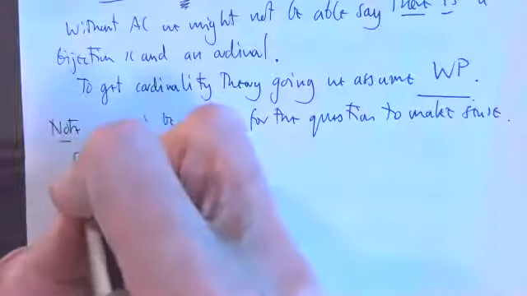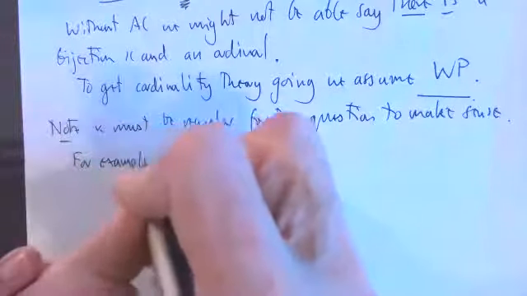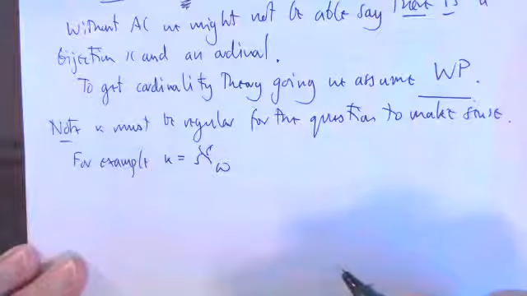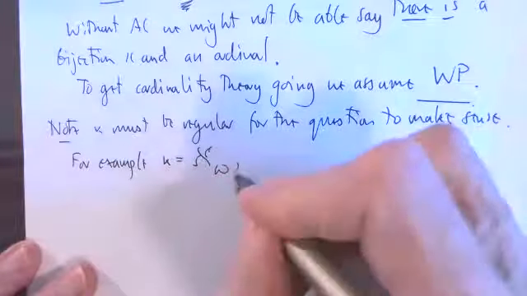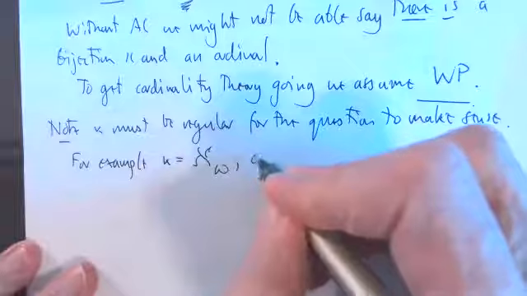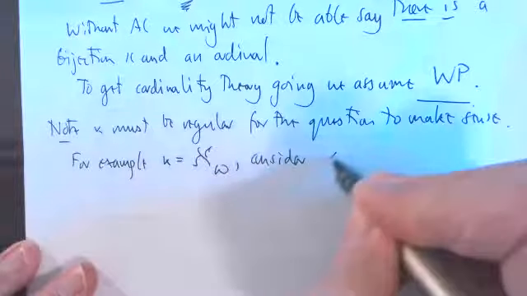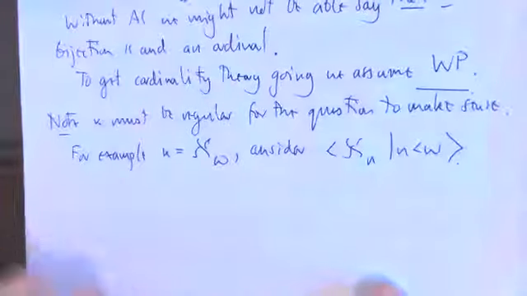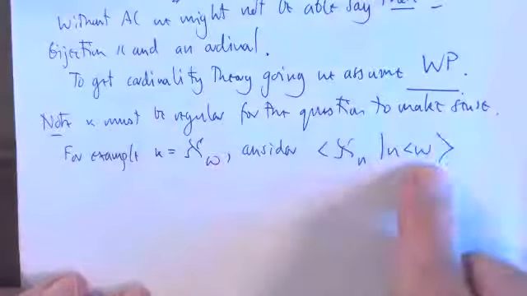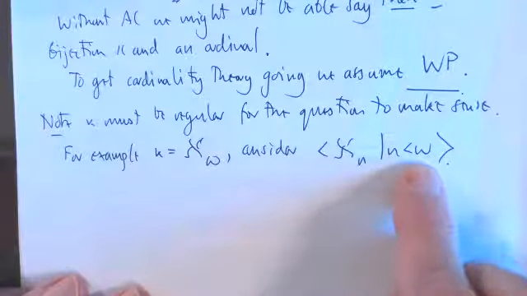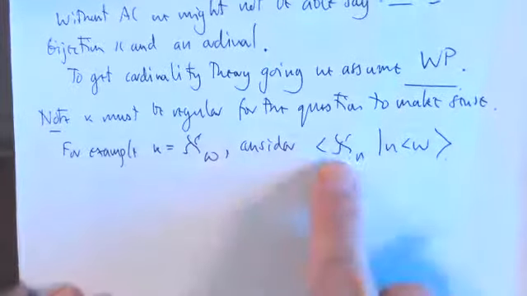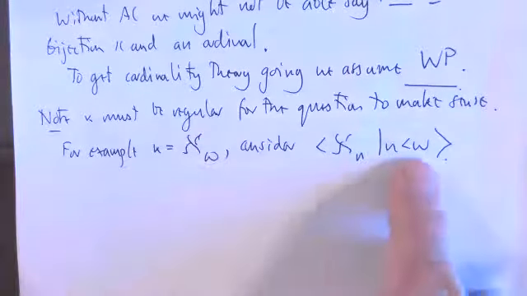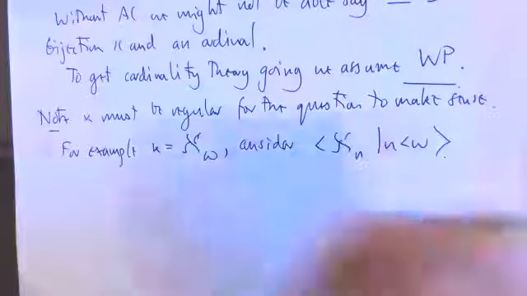For example, as a counterexample, if I take kappa to be singular, for example, aleph omega, so we can consider the sequence of the aleph n's. What have I got? I've got an omega sequence, an aleph 0 sequence of sets, each of which are cardinality less than kappa. So less than kappa many sets, all of size less than kappa.